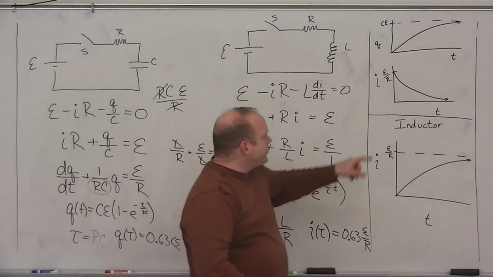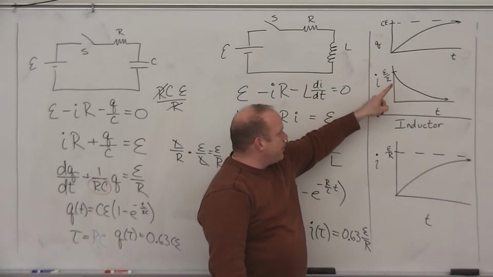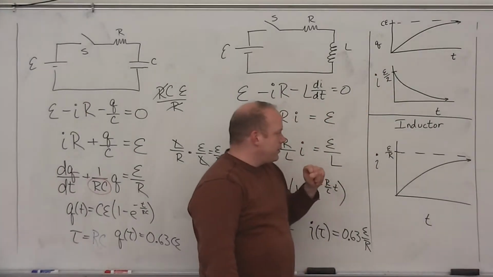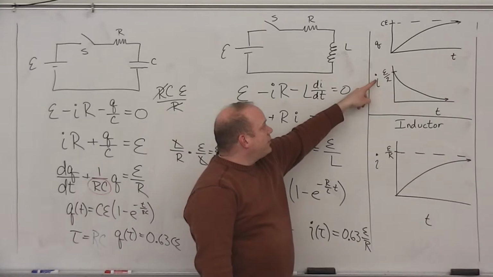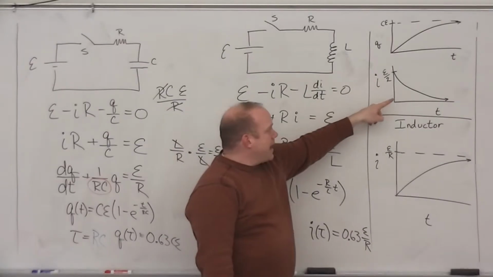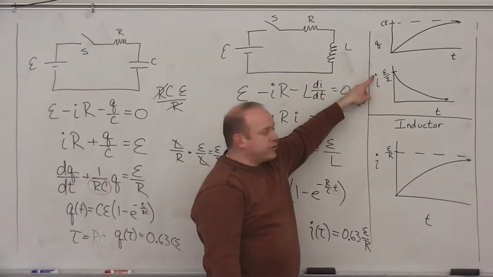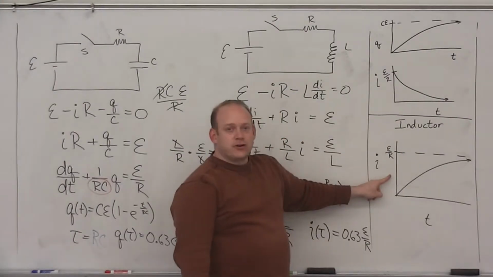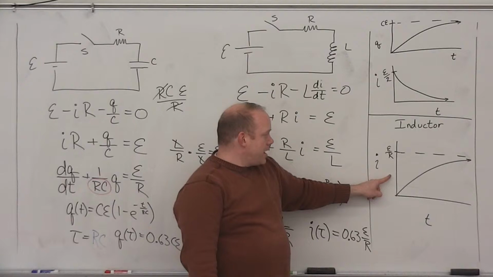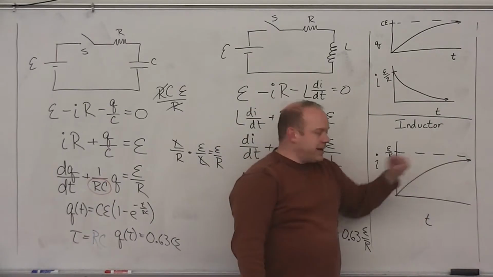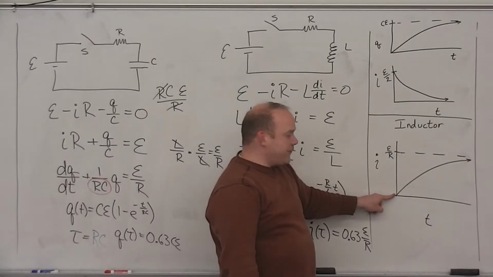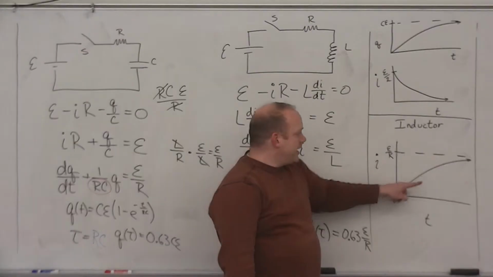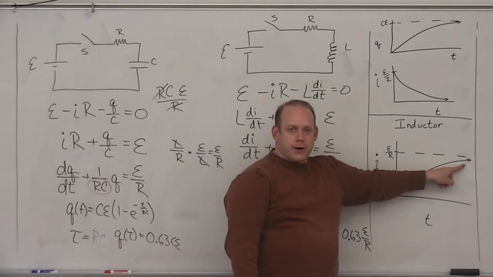The current from a capacitor starts off at E over R, drops off to 0. It starts off as a wire, ends as a break. An inductor is just the opposite. It starts off at 0, goes up to E over R. It starts off as a break, it ends as a wire.